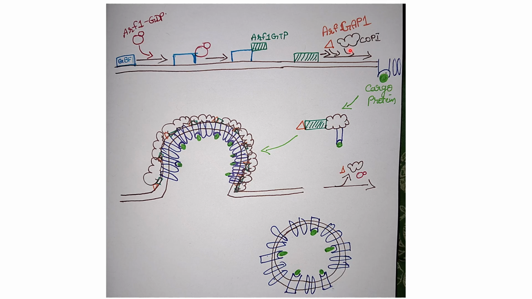All of these, ARF1 GTP, ARF GAP1 and COP1, will bind to the cargo protein, forming a complex, and this will induce the membrane to form a vesicle. And finally, the vesicle is completed, meaning it will bud off from the membrane.